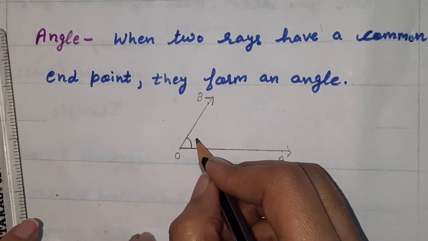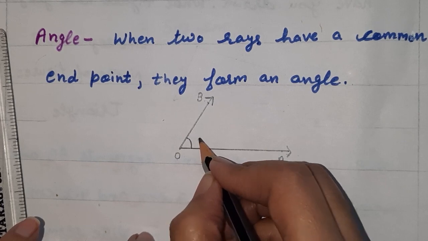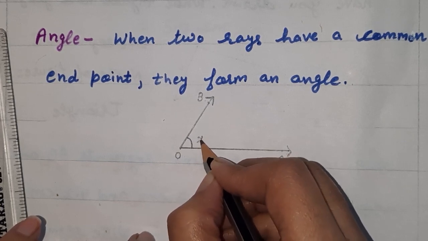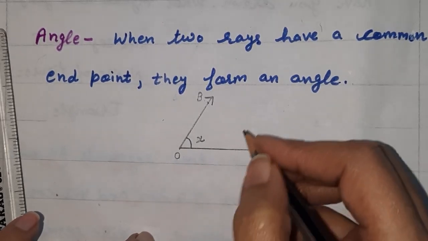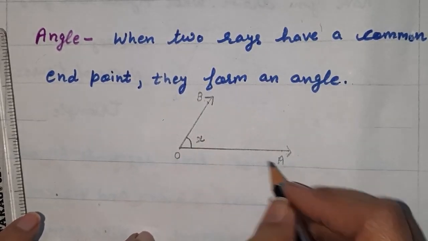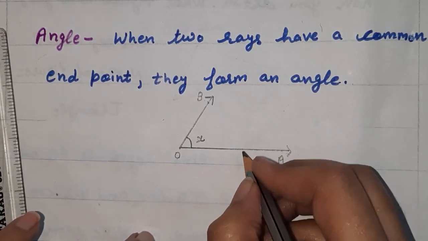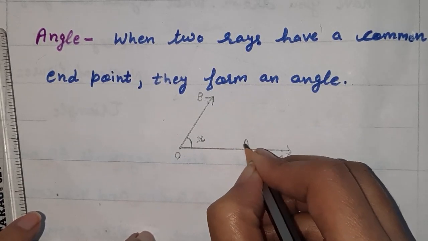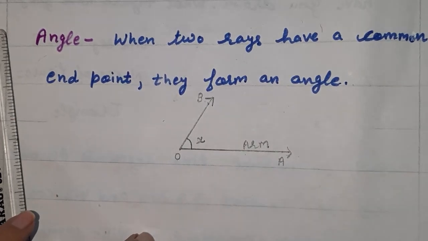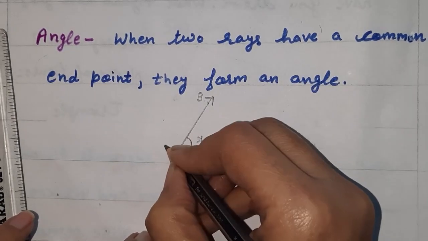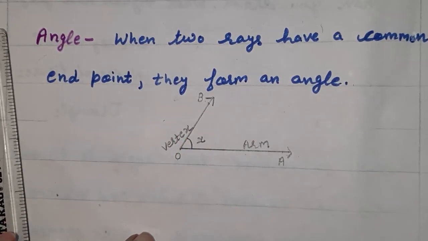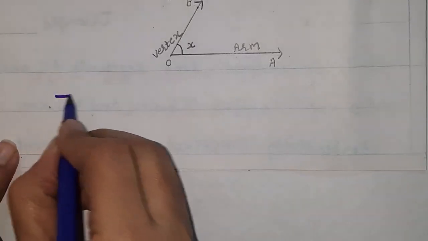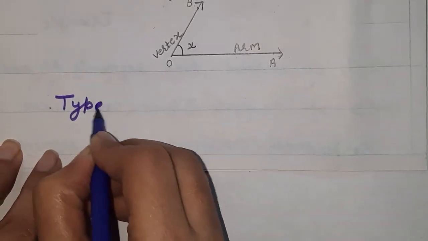Okay, if some other alphabet is written here in between, like X, so the third way is angle X. OB and OA, these are known as arms. क्या है ये? Arms of the angle. And this O is known as vertex. Okay, beta. Now we will study about types of angles.